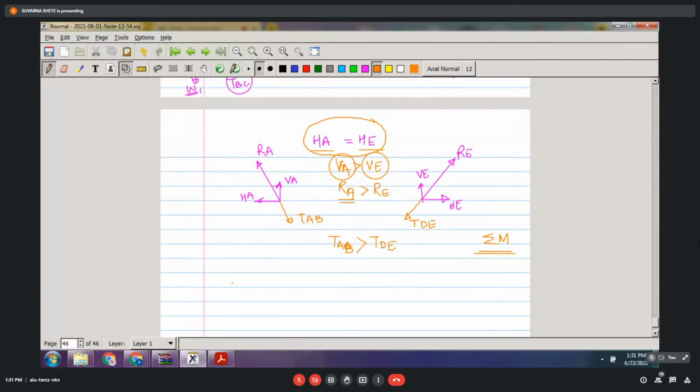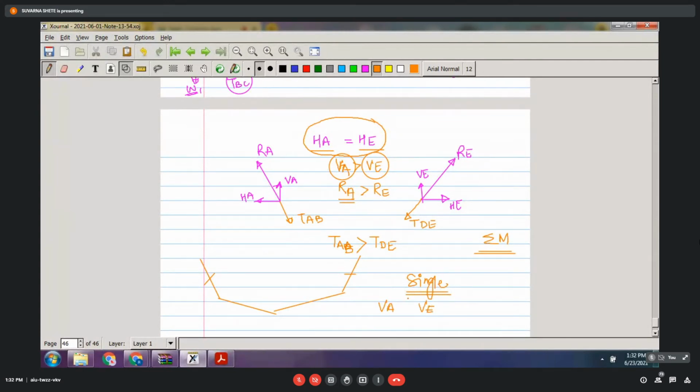Always remember that your intermediate cable segment never carries maximum tension. However the cable segments are given, the intermediate ones never carry maximum tension. Maximum tension occurs in one of the two end cable segments. Always remember this. To compare the tension in these two segments, one single parameter is sufficient, that is the vertical component of reaction.